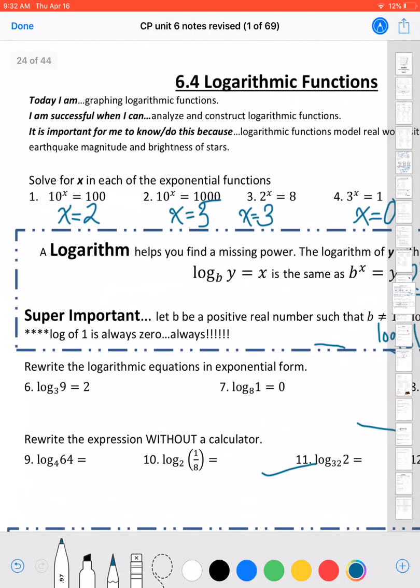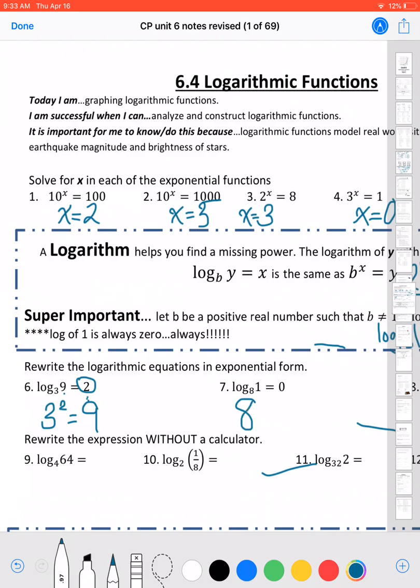So we're asked to rewrite the expression for 6 through 8 as exponential form. So again, what it's saying is, okay, the log base 3 of 9 is 2. So we rewrite it. 3 to the 2nd power is equal to 9. The answer for a log is the exponent that goes along with the base.